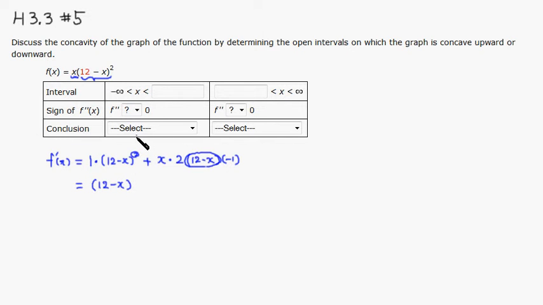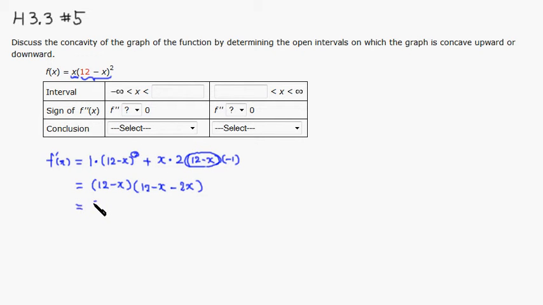Then what's left is another 12 minus x sitting here, so it's a 12 minus x, and from the second term you have a negative 2x. So you can see that we can clean up a little bit more.